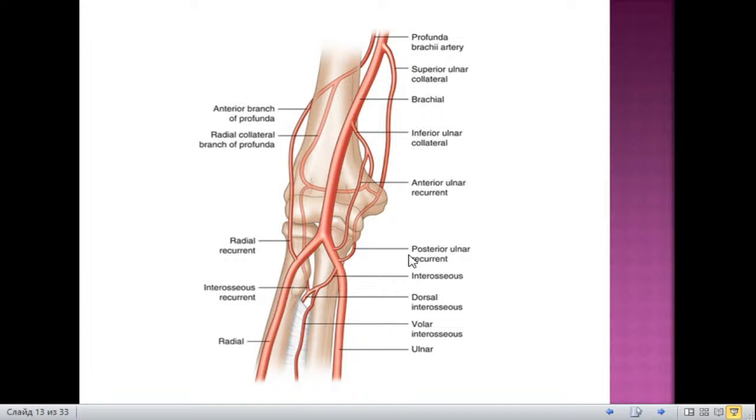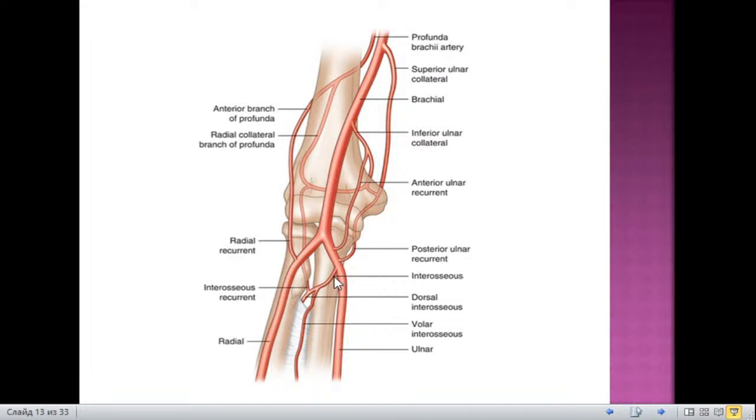In this picture it is shown as if both arteries originate differently, but usually they originate as a common trunk. The anterior ulnar recurrent artery anastomoses with the inferior ulnar collateral, and the posterior ulnar recurrent artery anastomoses with the superior ulnar collateral artery.